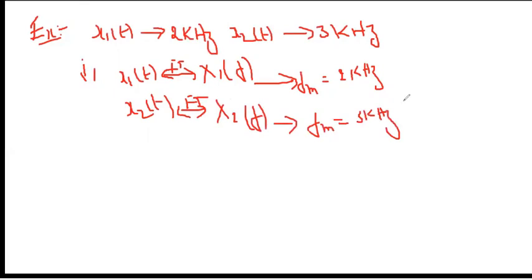Now, to find the sampling frequency of the signals individually: for x1 of t, fm is equal to 2 kilohertz, and the sampling frequency Fs is 2 fm, which is 2 into 2 kilohertz, that is 4 kilohertz, my dear students.